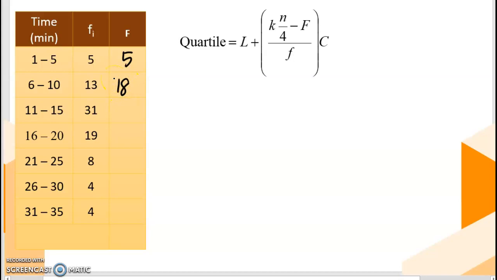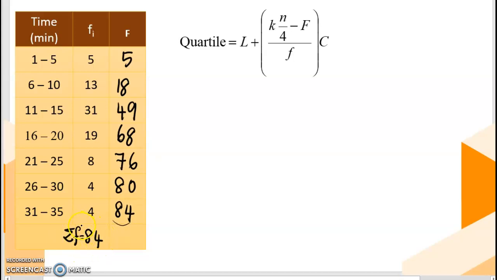And then 18 plus 31 will be 49, and then plus 19, 68, plus 8, 76, plus 4 will be 80, and then plus 4, 84. And then the last cumulative frequency will be equal to the summation of frequency, which is 84.